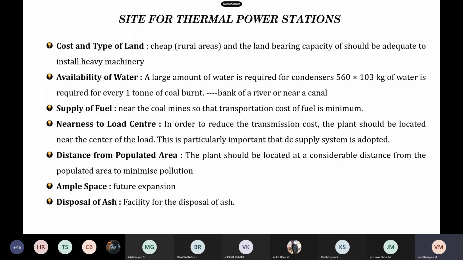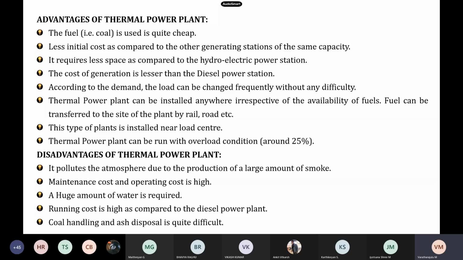And concerning the advantages, it has various advantages. The fuel, that is coal, is quite cheap, and the initial cost is less as compared to other power plants. And the location: the thermal power plant can be located near the load center. Therefore, the transmission costs and transmission losses are considerably reduced. The generation of power is not dependent on nature's mercy like the hydroelectric power plant.